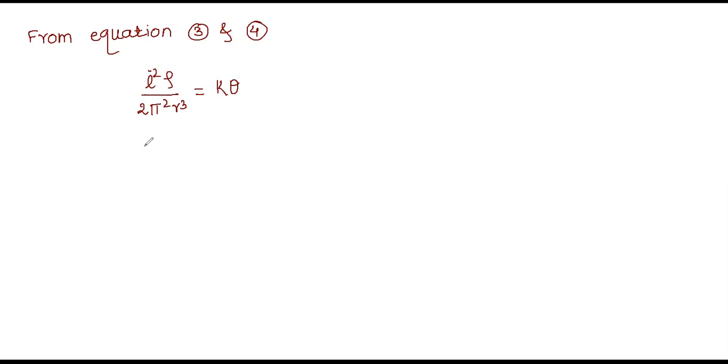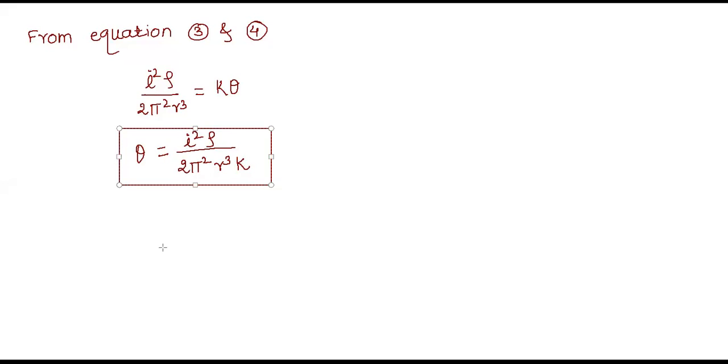If I want the theta value, then theta is equal to I square rho divided by 2 pi square r cube into K. This we got as the formula for increase in temperature of fuse wire.